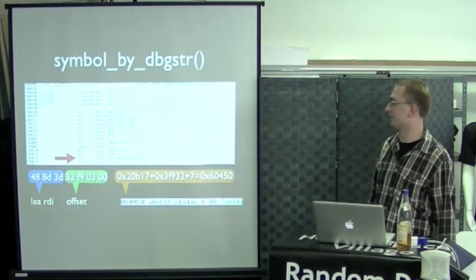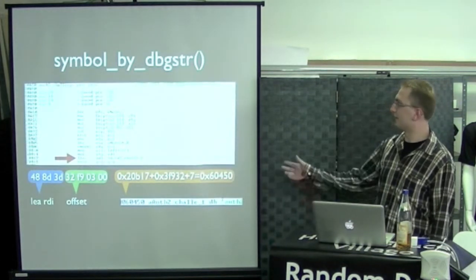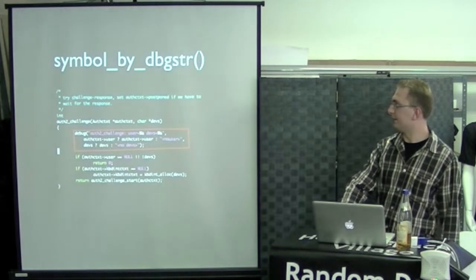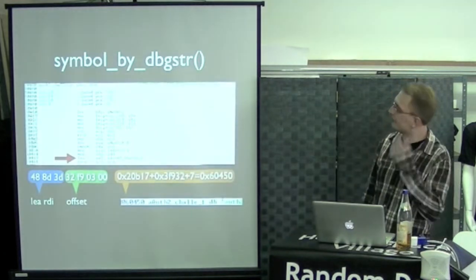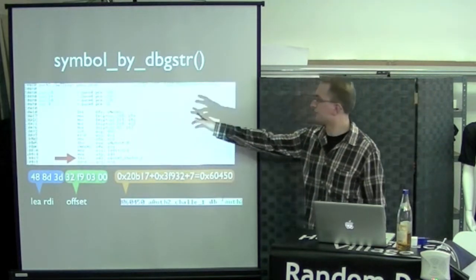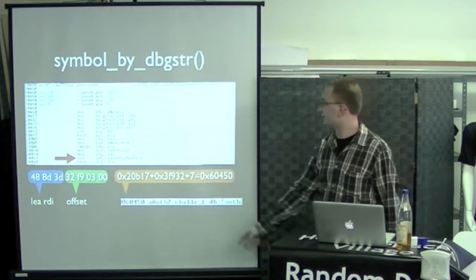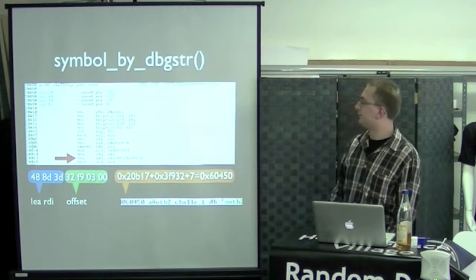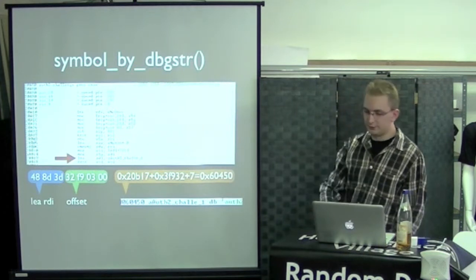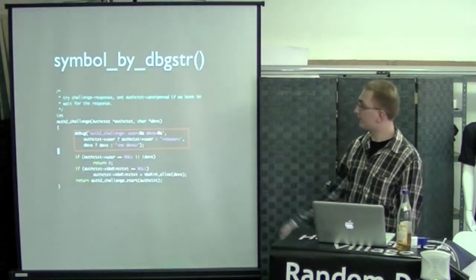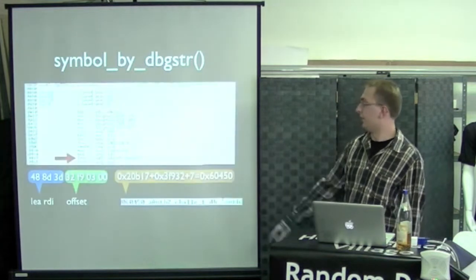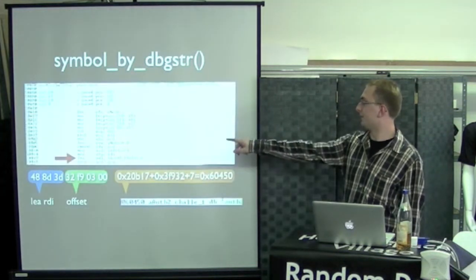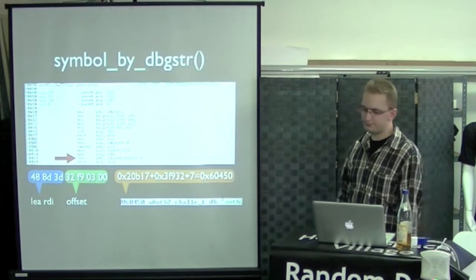Let's look at a bit of assembly code for this. We have the same routine here as we had before, in assembly. This is like a function prologue, it does some setup. And at this point it loads a pointer to the out2_challenge string. Whenever it's going to invoke the debug function, it will load the register RDI with a pointer to that string.